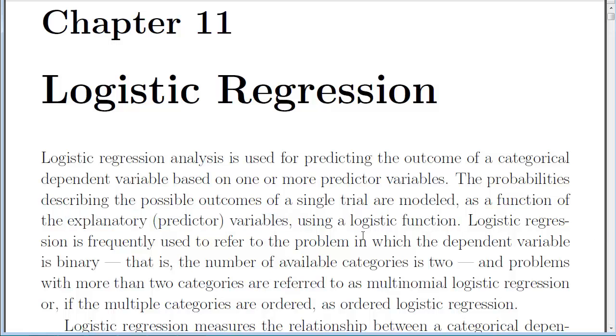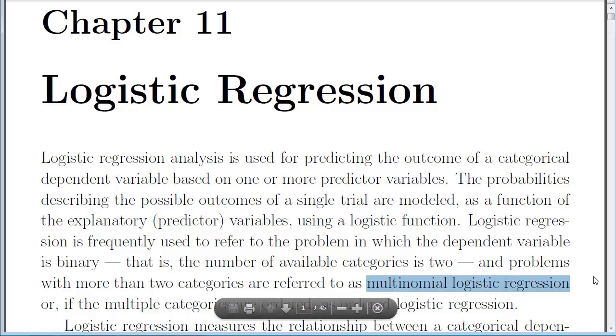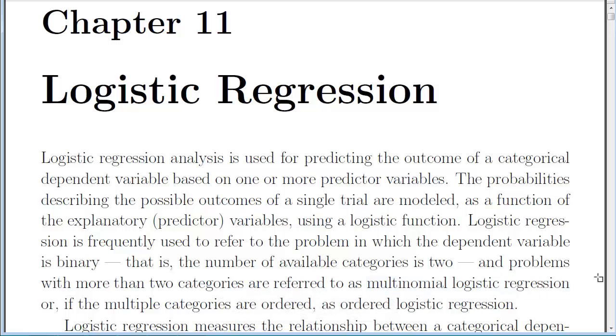Logistic regression is frequently used to refer to a problem when we only have a binary response, sort of true-false, that Boolean type response. Heads, tails in a coin flip, success, failure more generally. But you can deal with problems that have more than two categories. It's called multinomial logistic regression instead of binomial logistic regression.